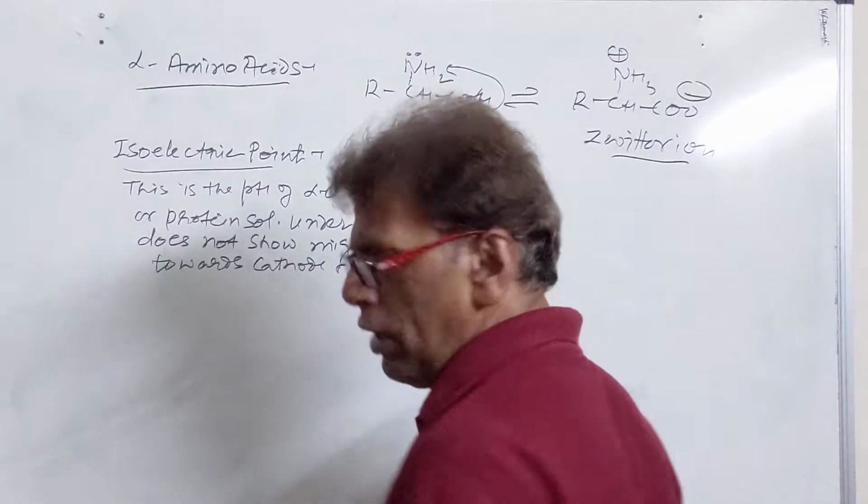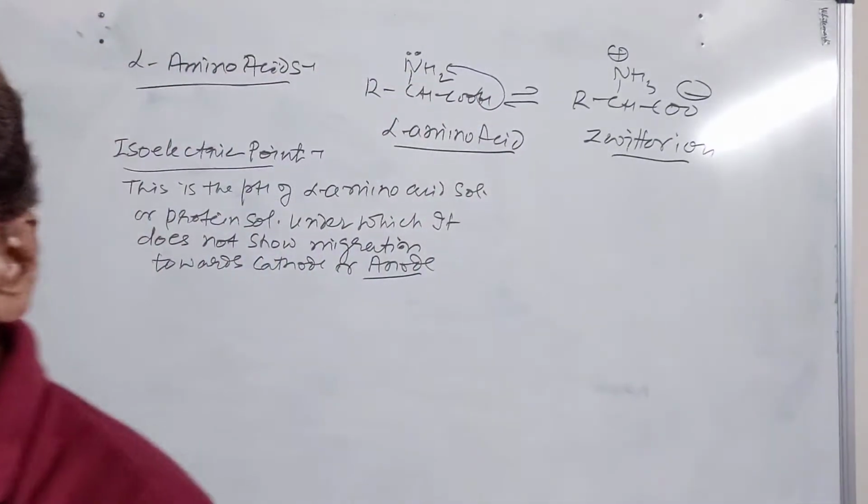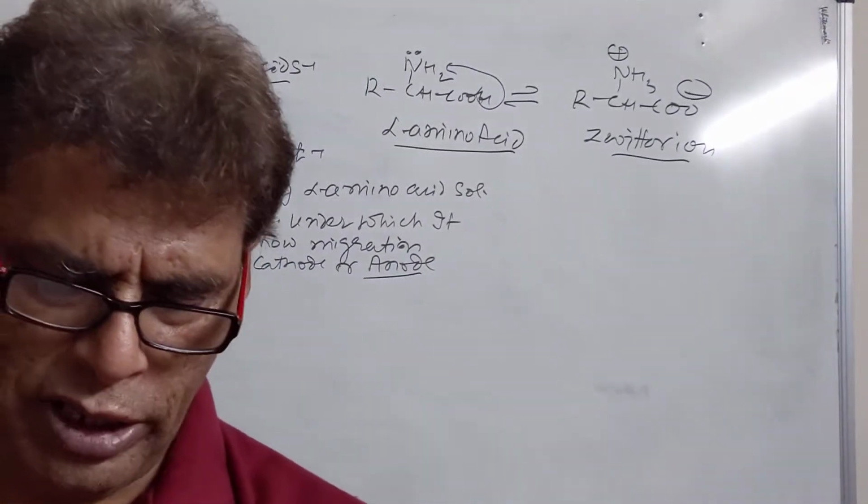This pH is called the isoelectric point of your alpha amino acid or protein.